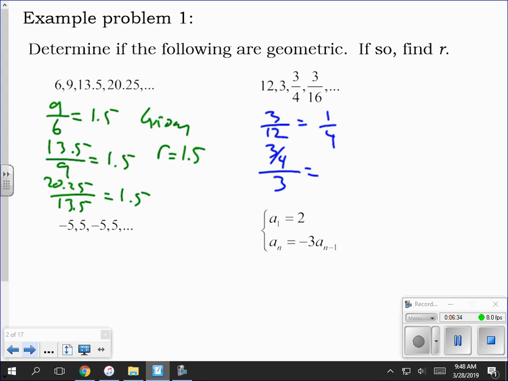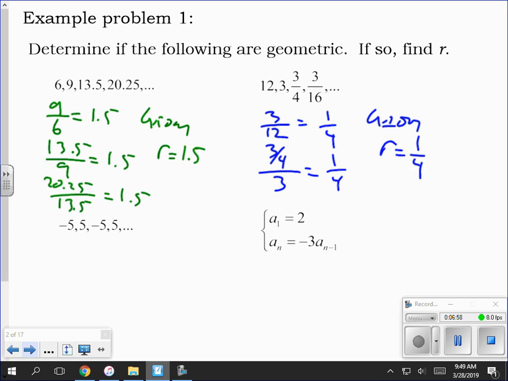So you get your fractions. 3 divided by 12. So you end up getting 1/4. So this is geometric, and R equals 1/4. So I'm dividing by 4 every time, which is multiplying by 1/4. That's what I want to think about that as.